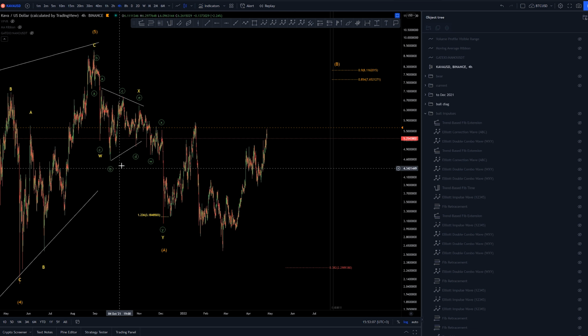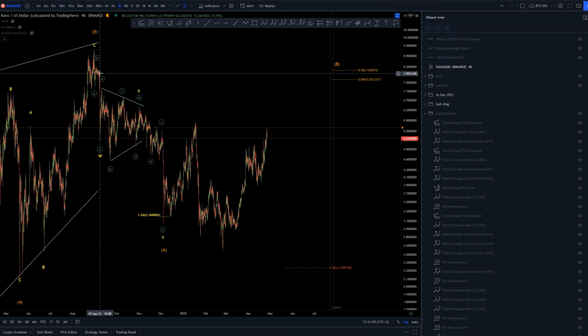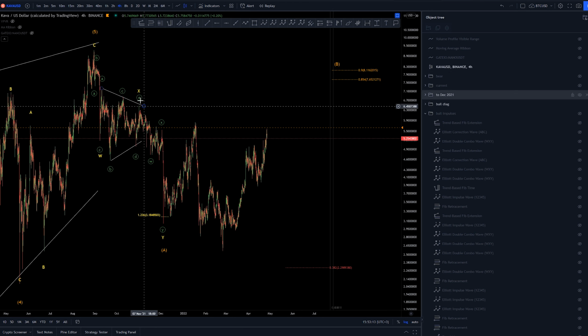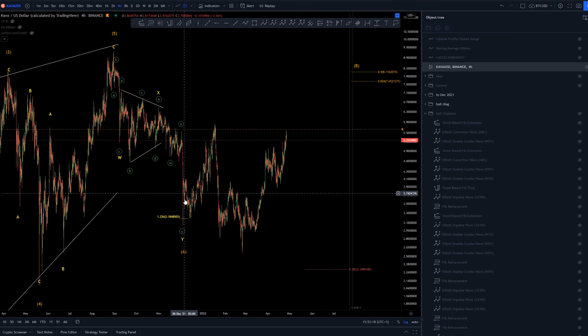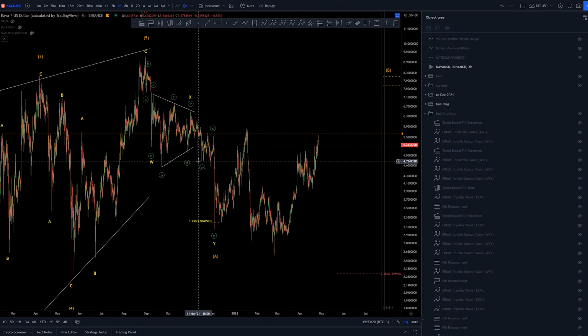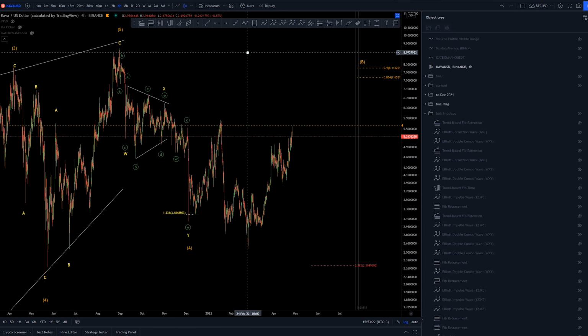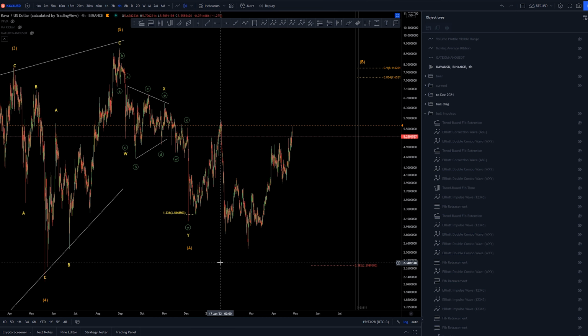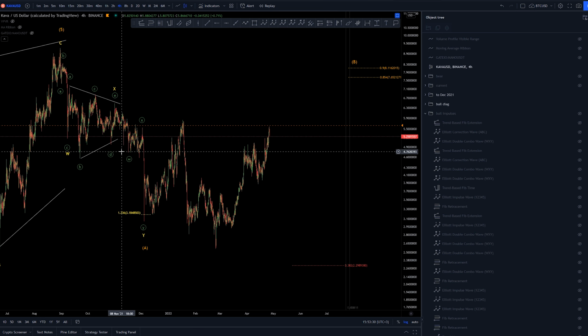We have a diagonal, not diagonal, a running triangle here in the X wave. It could be in the Y wave as well for the triangle, as it's a W combination, but this time it is labeled as so. I could be labeling this as ABC again for the last wave, but this looked better to me structure-wise, this WXY.